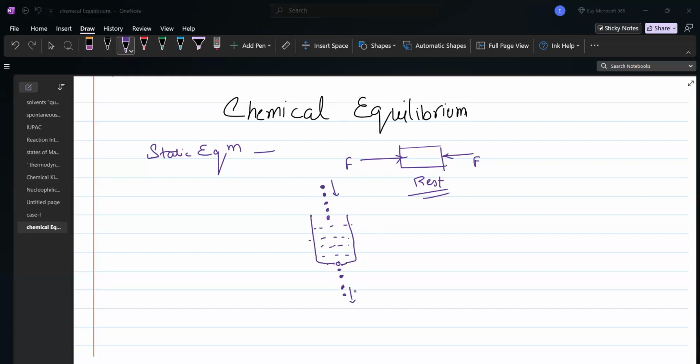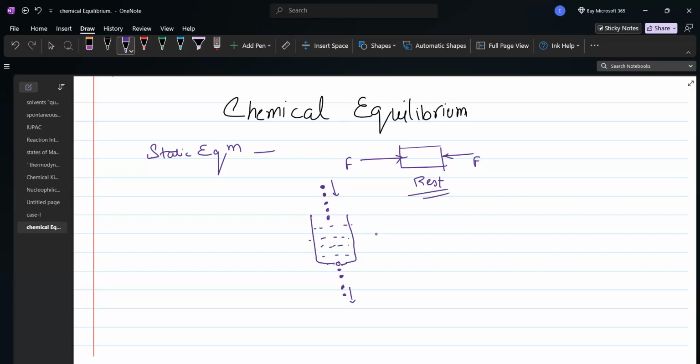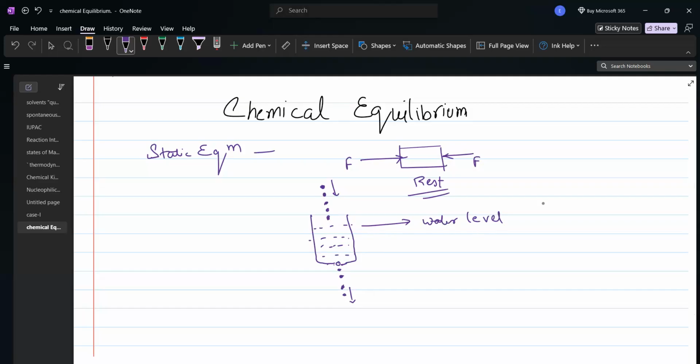The rate of droplets coming in and going outside is equal. In this case we are assuming that. So this water level will not change, right? Because the volume coming inside the bucket and going outside is equal, right?